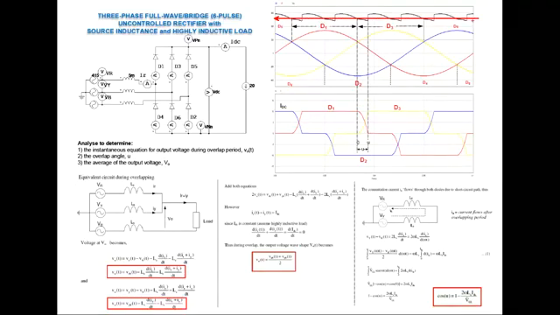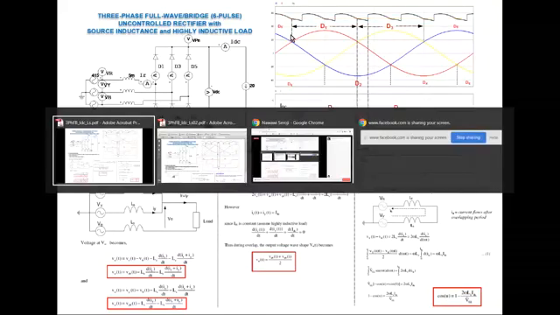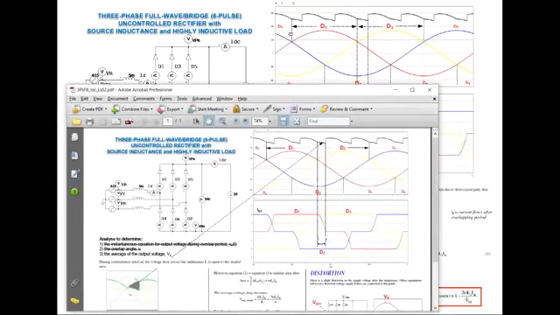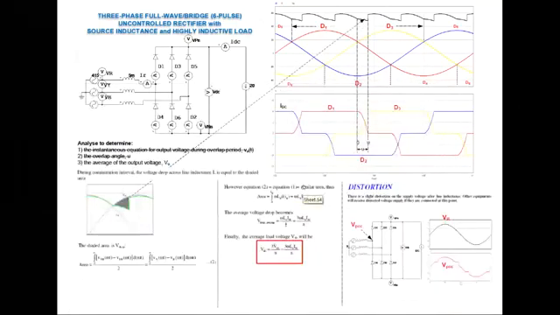Okay, so to determine the average equation of the output voltage, let's consider this. So we need to consider this area. This is the missing area that we talked about just now. During the commutation interval, the voltage drop across the line inductance is represented by the shaded area.